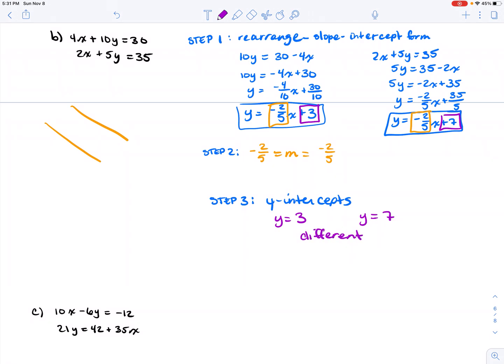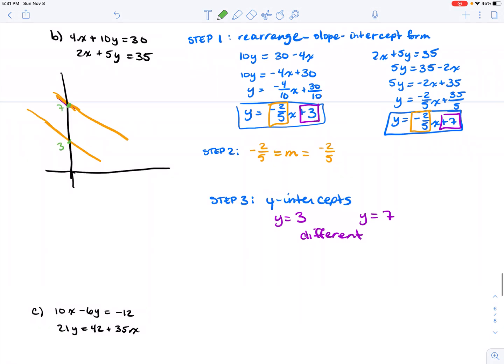So that means if I'm looking at a graph, let's extend my orange line here. So if I'm looking at my graph, that means I have one crossing here at 3 and one crossing here up at 7.